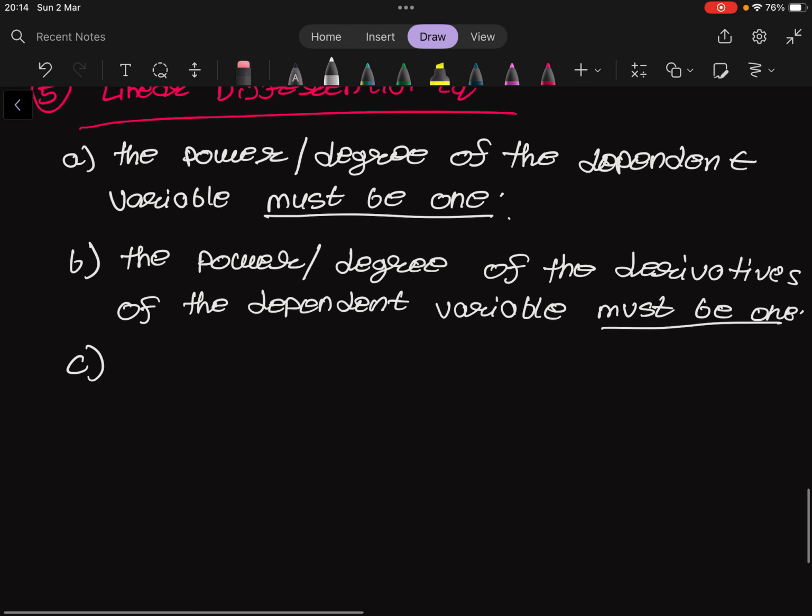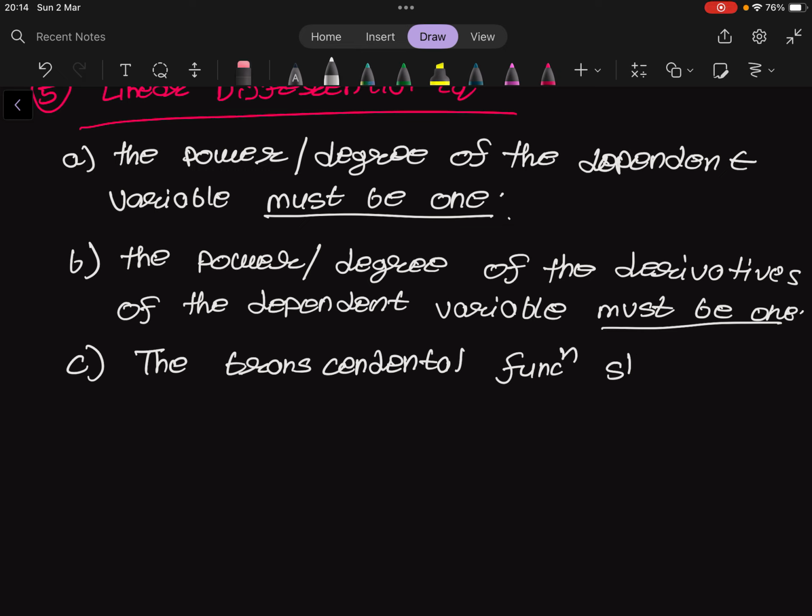The third criterion is the transcendental function, we will see later, should not be a function of the dependent variable.